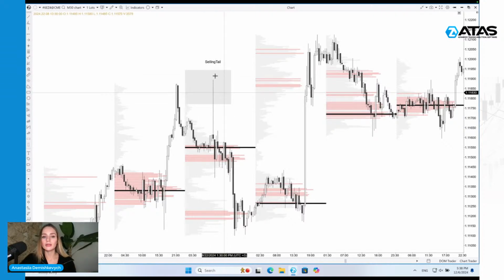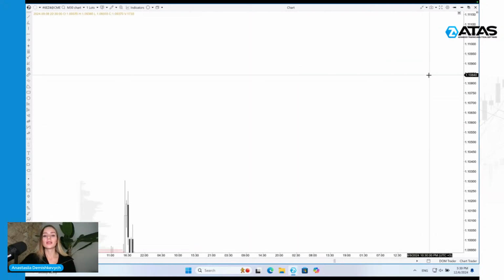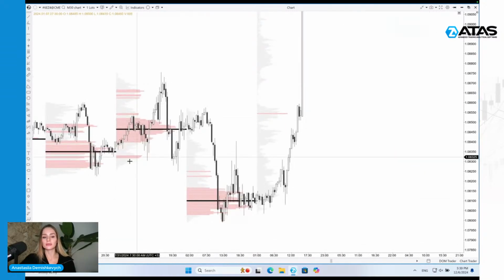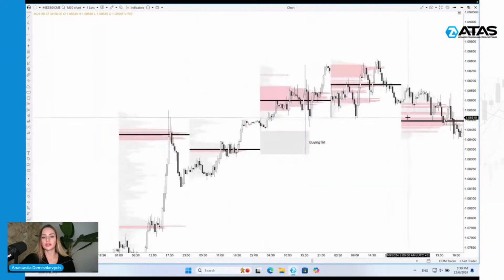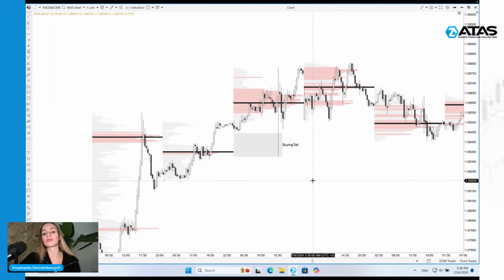So the buying deltas, bright green deltas on top of the selling tails, are going to be our confirmation of the downwards reversal. And on the other hand, bright red deltas, selling deltas, negative deltas, on the buying tails are going to be the confirmation for us for the upwards reversal. So let's find those two confirmations.